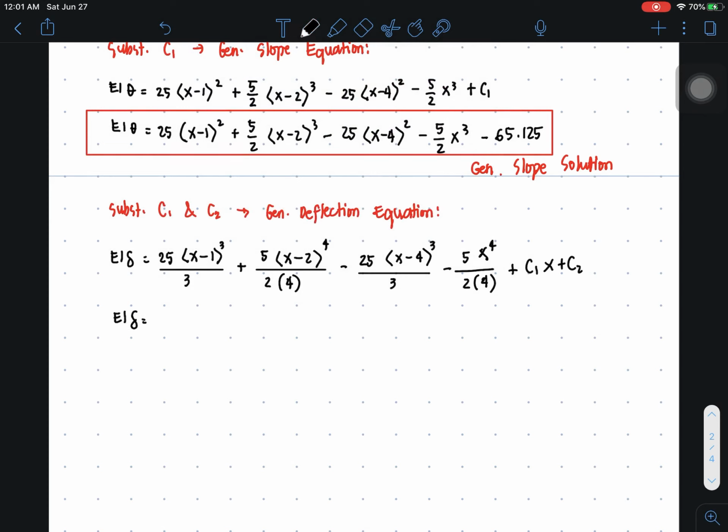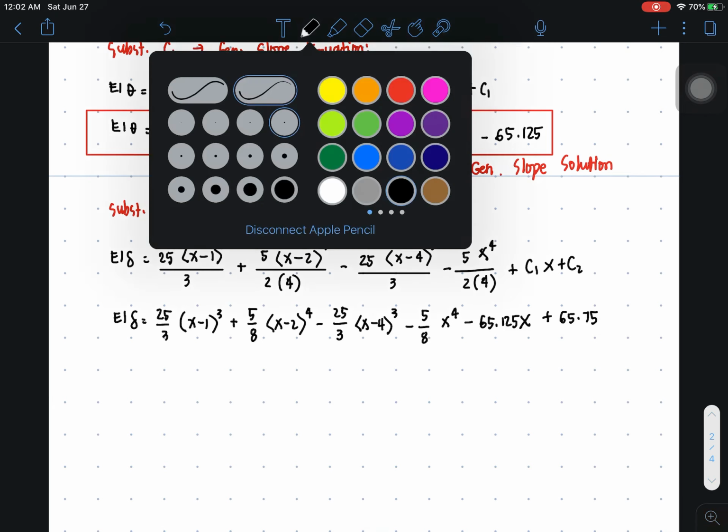EI of deflection is equal to 25 over 3 x minus 1 cube, then plus 5 over 8 and x minus 2 to the fourth minus 25 over 3 then x minus 4 cube, and then minus 5 over 8 x to the fourth power, then minus C1, which is 65.125x, and plus 65.75 para sa atong C2.